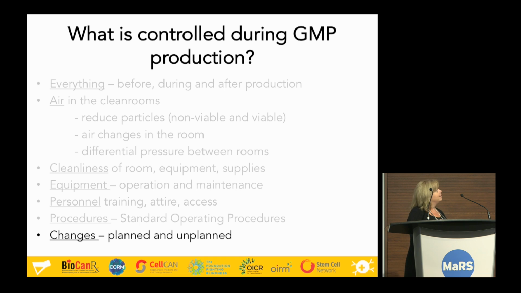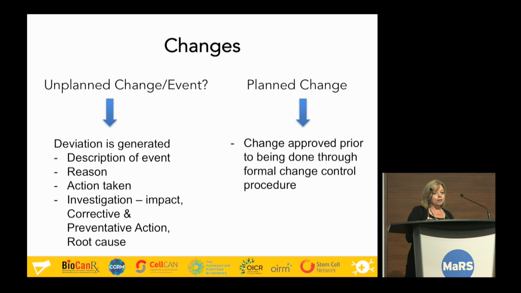And changes. Changes happen. Unplanned things happen. Power outages happen, equipment breaks down, those things happen, but they have to be documented if they do. So we have deviation forms that have to be filled out if something happens.